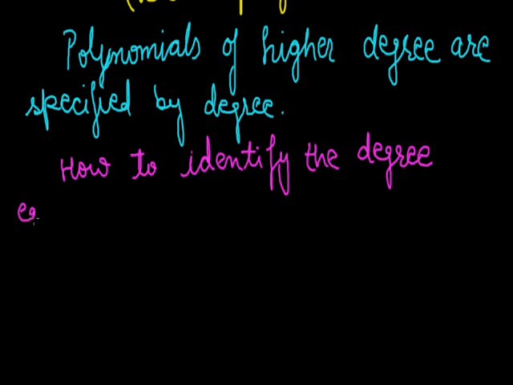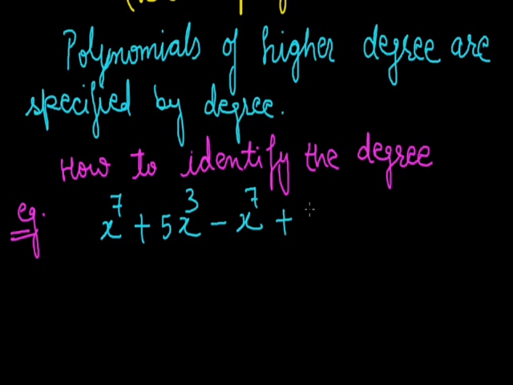For example, it is given that x to the power 7 plus 5x cube minus x to the power 7 plus 8x square plus 18.